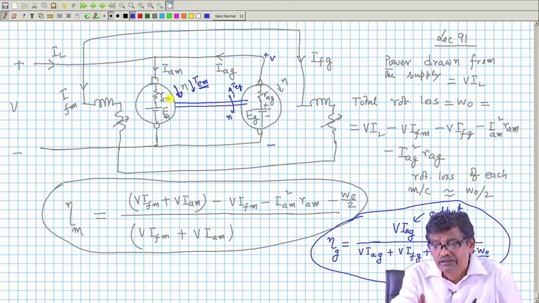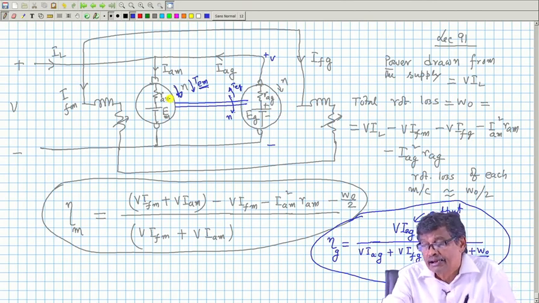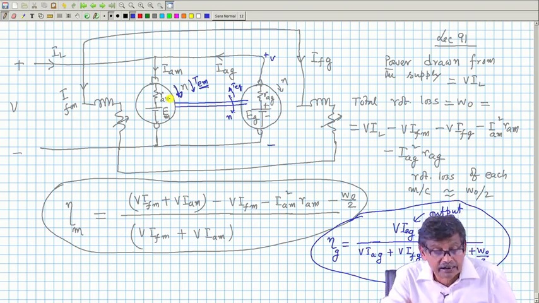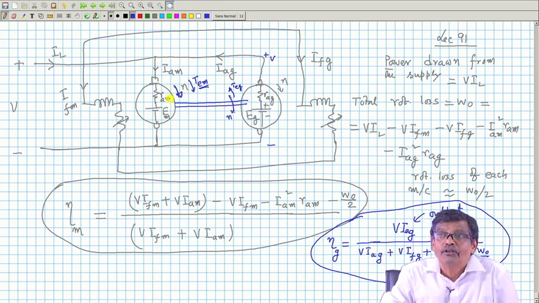Rated current means if it is 20 ampere rated current, you can adjust the field current so that these currents are really 20 ampere. So, armature currents will be rated current, but the current drawn from the source will be only very little. That is the advantage.